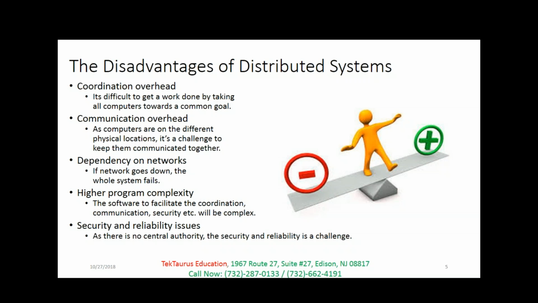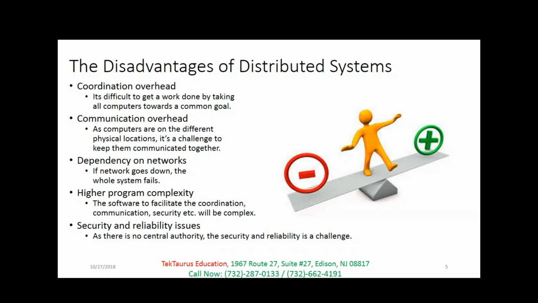The third point is that everything is dependent on the network. If the network is not there, it will not work. Network means the internet or the intranet within the company must be there. Without it, it will not work at all. So it depends highly on the network.